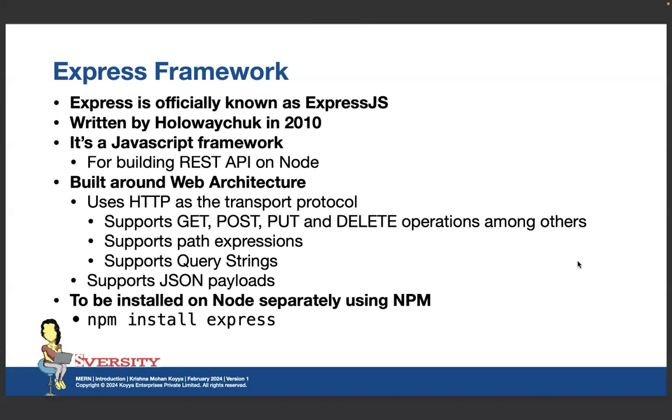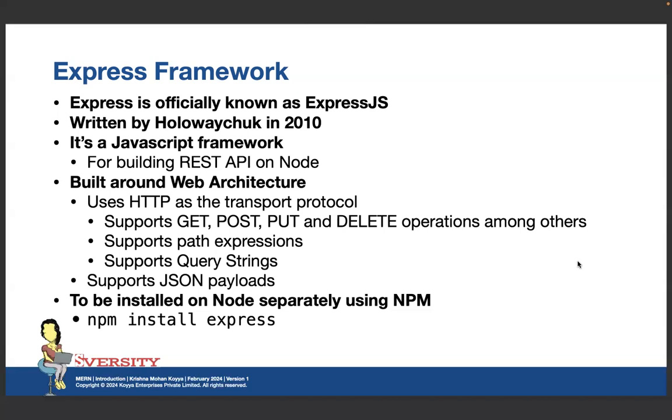It supports REST query strings, and also it supports payloads in the form of JSON. If it is the first time you are hearing these terms like JSON or query strings, don't worry too much about them, but just make a note that they do exist and they are important for us. When we talk about REST, you obviously get to know about them.